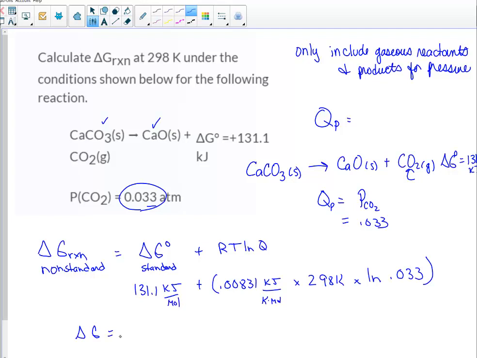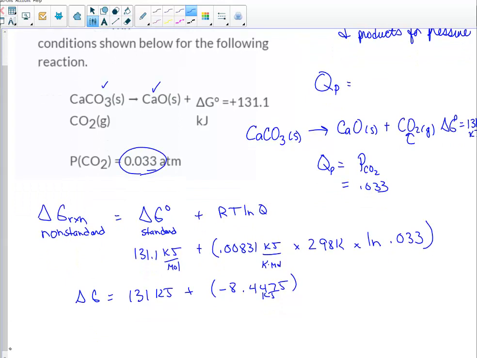The reason I picked this as an example was to remind you that only gases count: liquids and solids drop out, as they do not exert pressures. We're only including the partial pressure of carbon dioxide. 0.00831 times 298 times the natural log of 0.033 came out to negative 8.4475. I'll consider sig figs here in a moment.